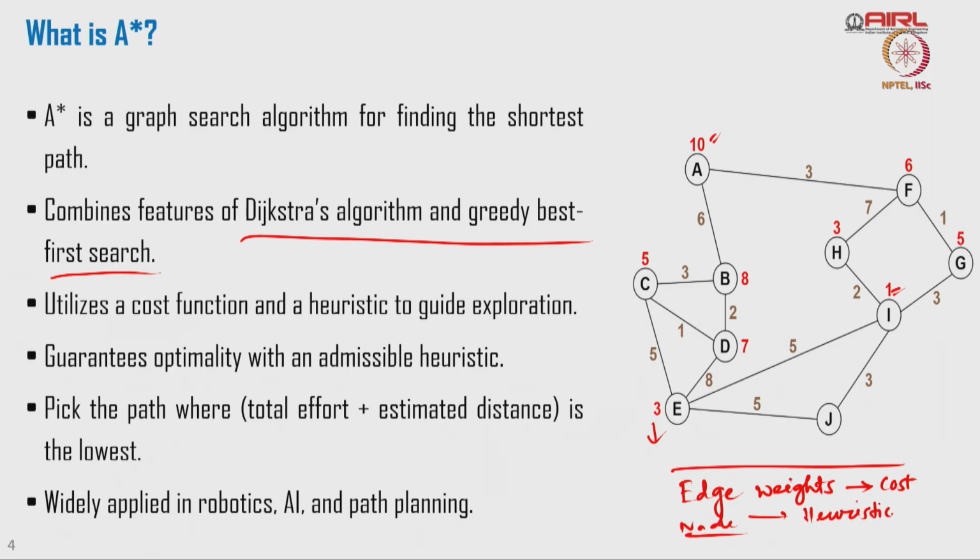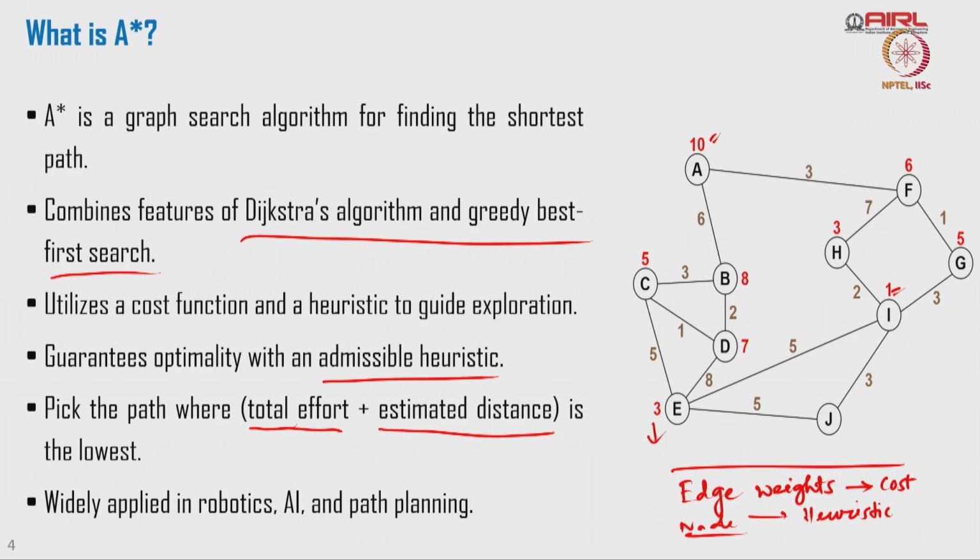Fine. So, it guarantees optimality with an admissible heuristic. What does that mean? We will discuss later. Then the pre-planning of A-star algorithm will try to pick a path for the drone which will minimize the total effort and estimated distance. Okay.